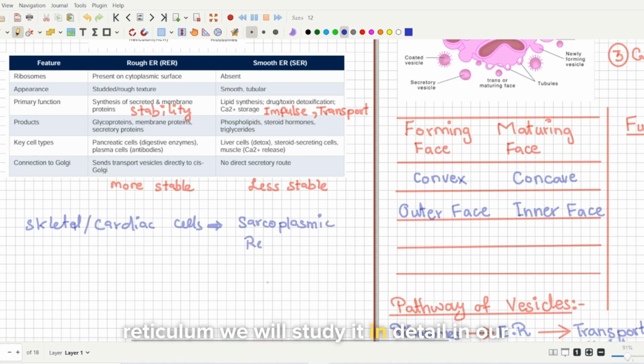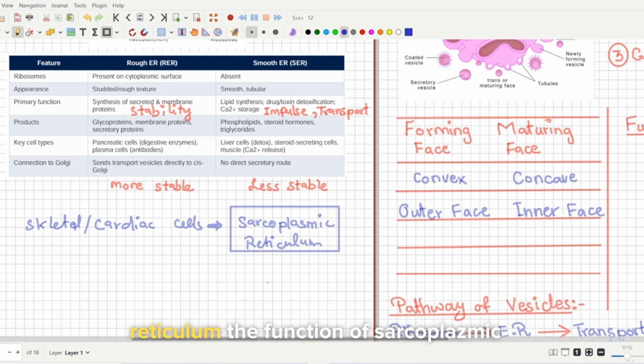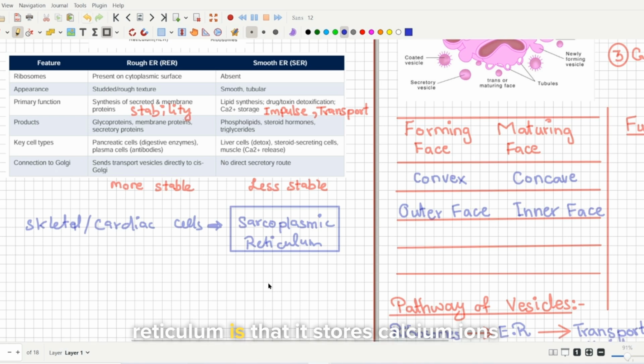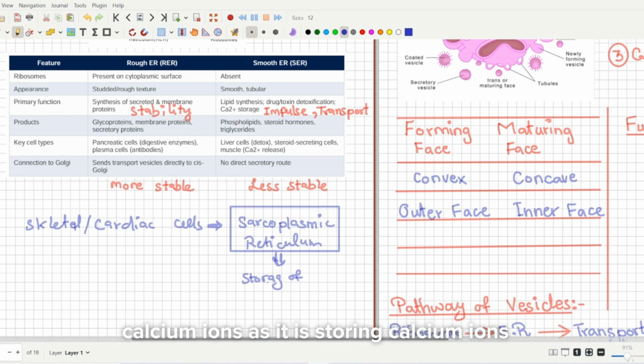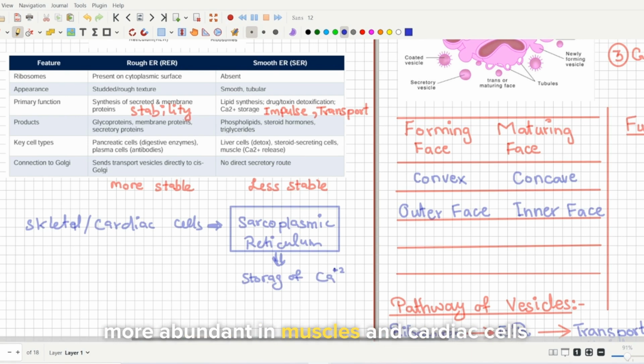We will study it in detail in our muscle chapter because it is a really important topic. The function of sarcoplasmic reticulum is that it stores calcium ions. As it is storing calcium ions, smooth endoplasmic reticulum is more abundant in skeletal and cardiac muscle cells.